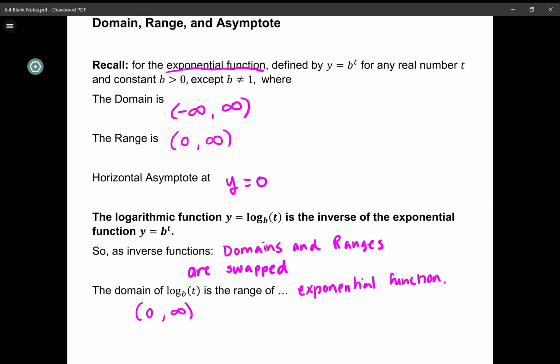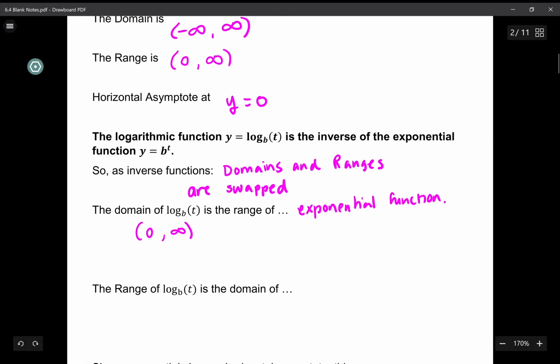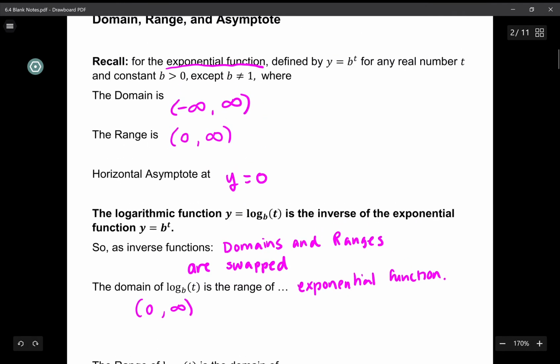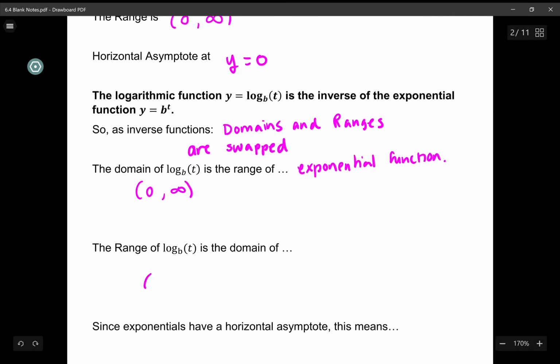So there's a new rule that we have to worry about in domains. Are we taking the log of a number less than or equal to 0? So we've got to start worrying about that now. Three things to worry about in domains. And the range is going to be the domain of the exponential. So the range of log is minus infinity to infinity.